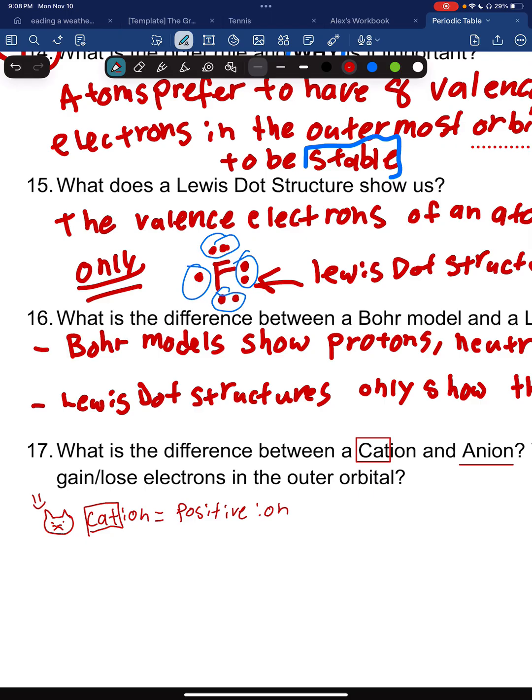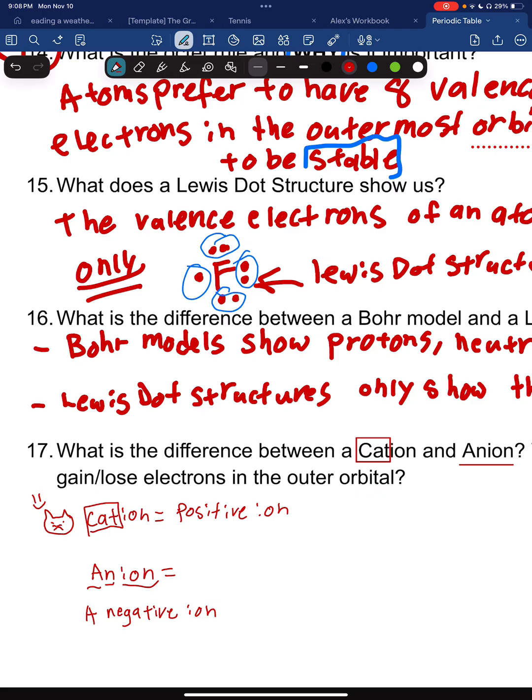So an anion, as someone once mentioned, is the same thing as a, n is negative, and then we have ion. So anion is a negative ion. Okay. Well, that's all fine and dandy, but what the heck in the world is an ion?